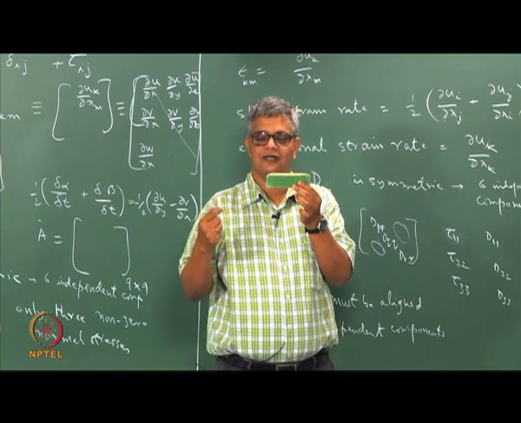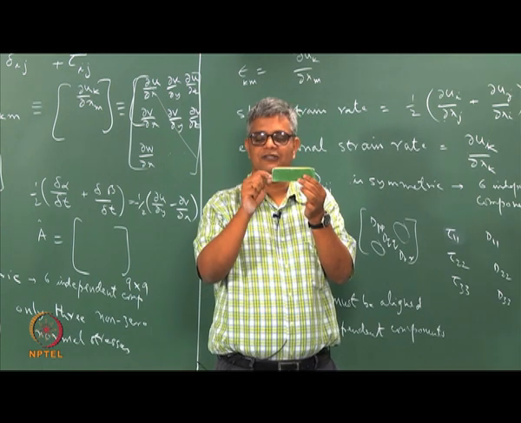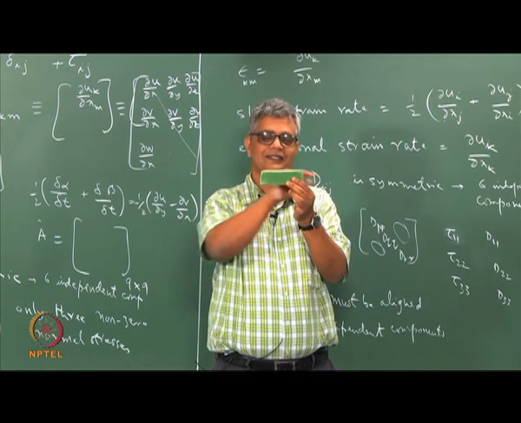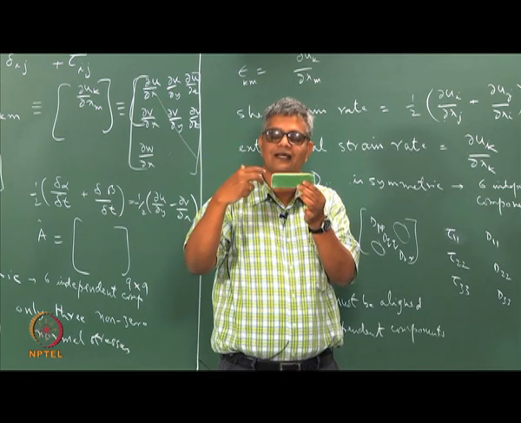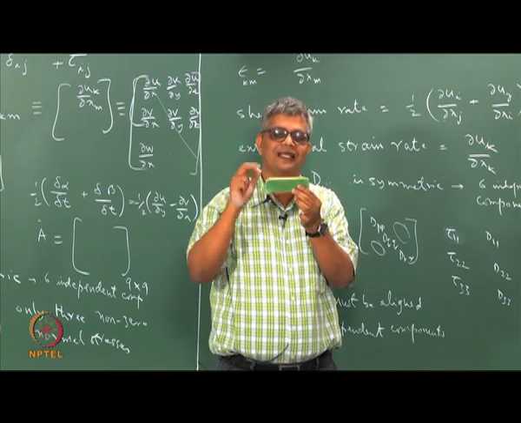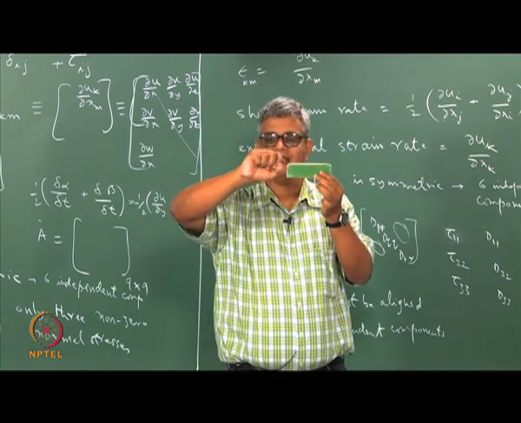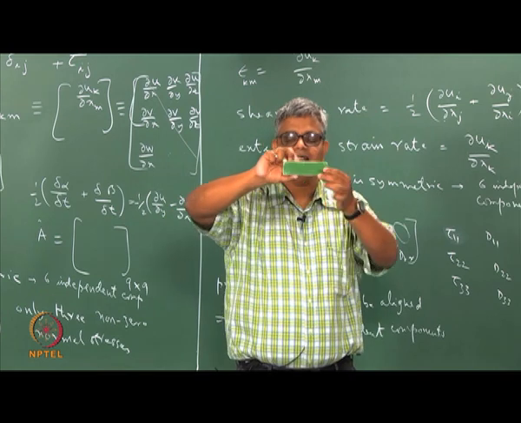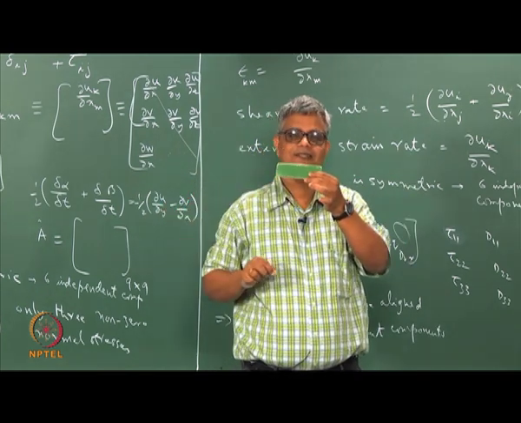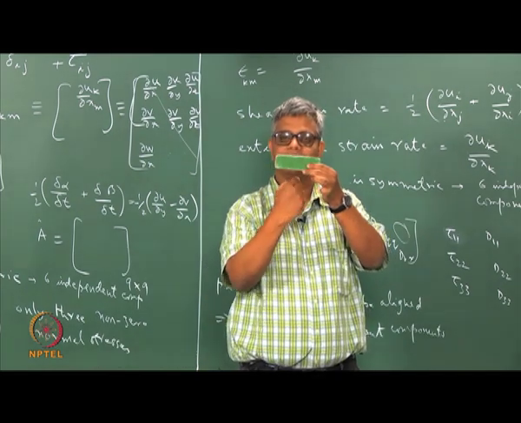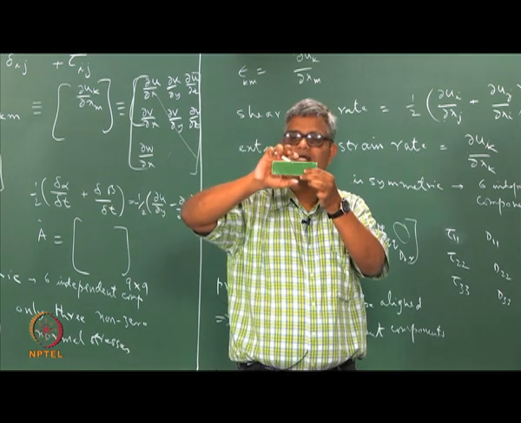Okay. So in an isotropic medium, it does not matter whether you apply the tensile stress in this direction or in this direction, the response of the surface is the same in all directions. So that means that if you apply tensile force here, then the body elongates here, and then it also contracts on this side and contracts on this side. The contraction along this side, the z direction, must be the same as the contraction in the y direction.